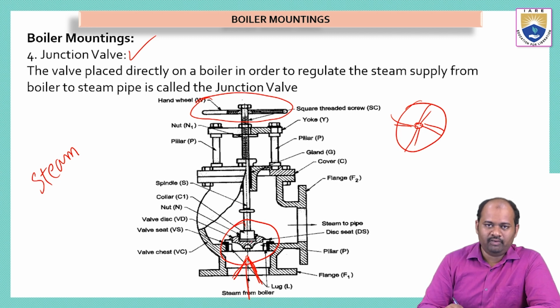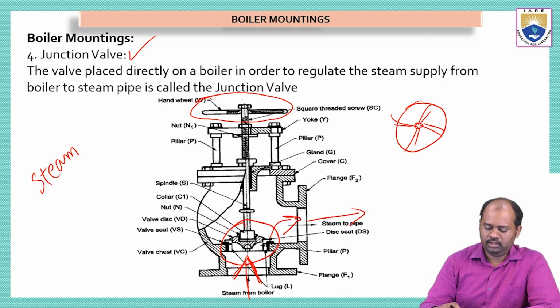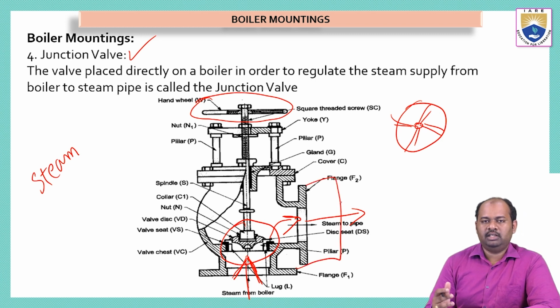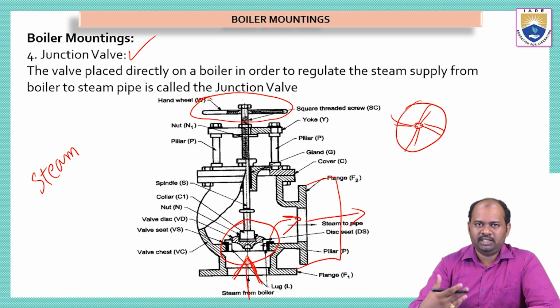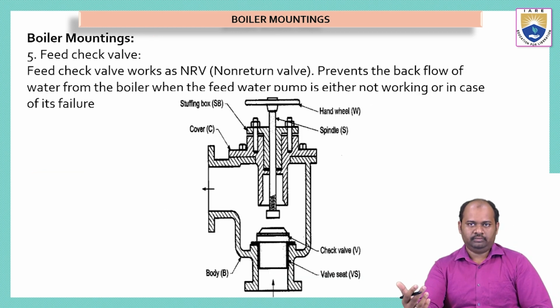So this valve can be opened and the steam can come out and flow in this direction. At this point we connect a pipe through which we can send the steam to a particular place. So the junction valve is a valve used to remove the steam from the boiler when it is needed.